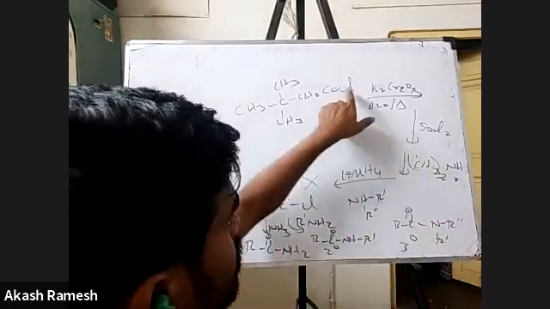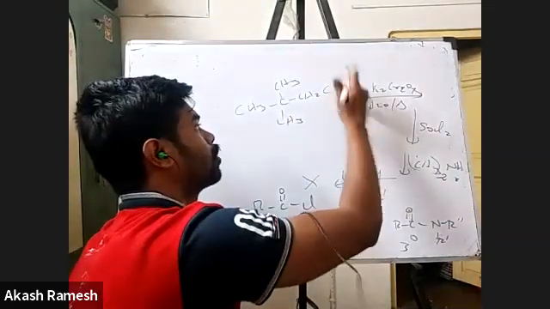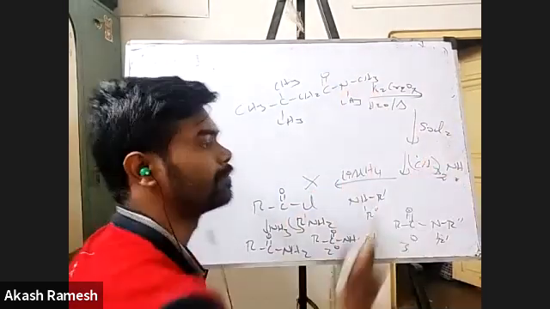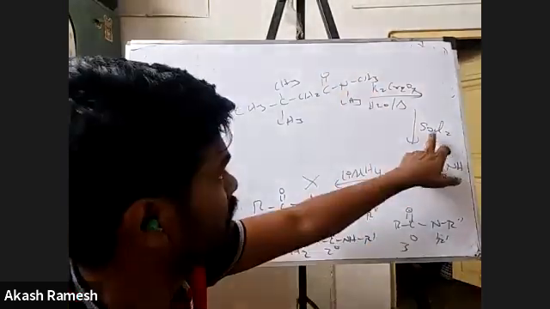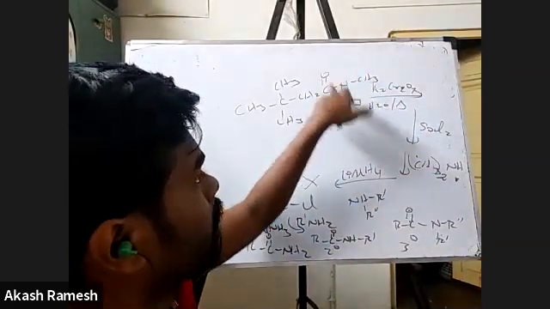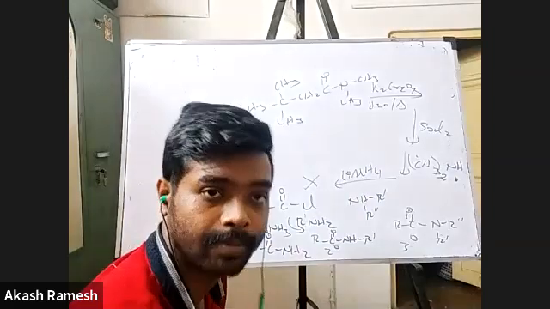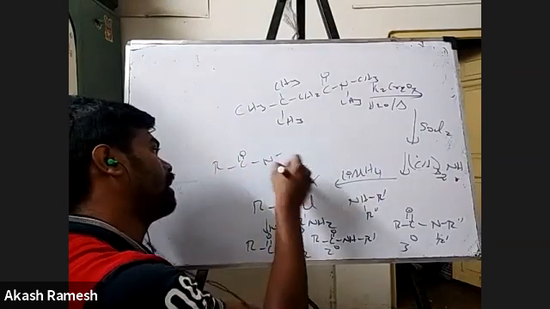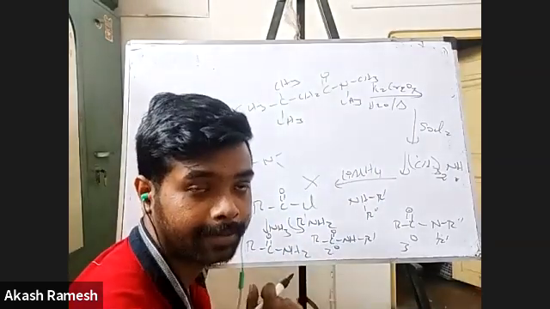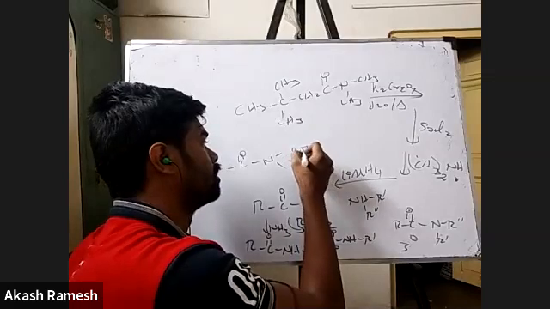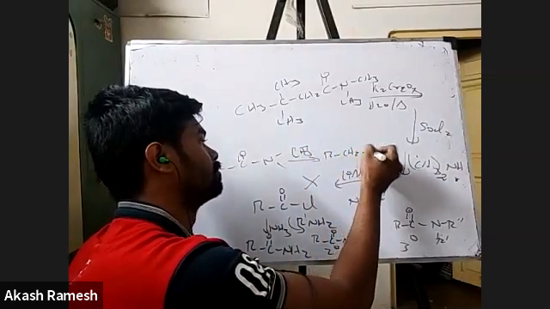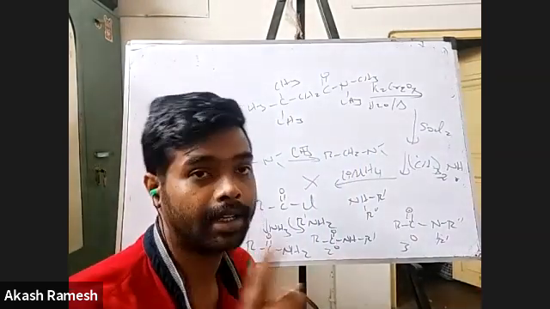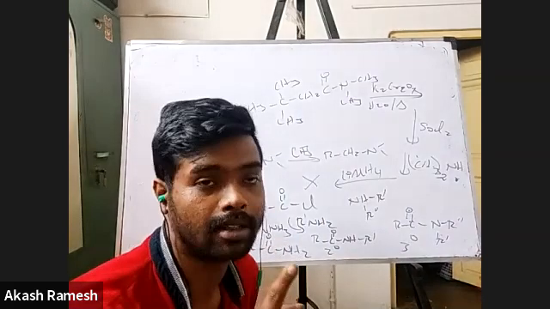So instead of this COCl, can I say I'm going to get RCON(CH3)2? Cl was here, and instead of this, I'm going to put N(CH3)2. Now remember, guys, any amide, primary, secondary, or tertiary, on reduction will always give me an amine as the product.